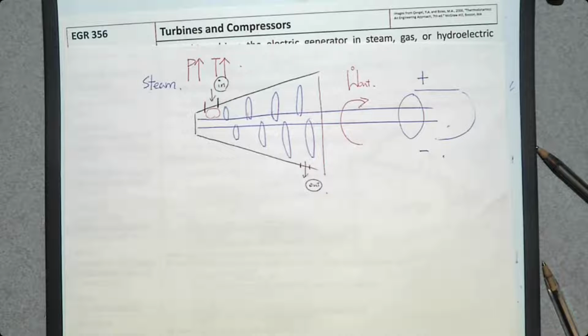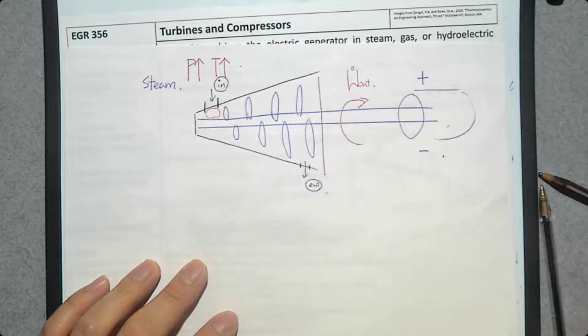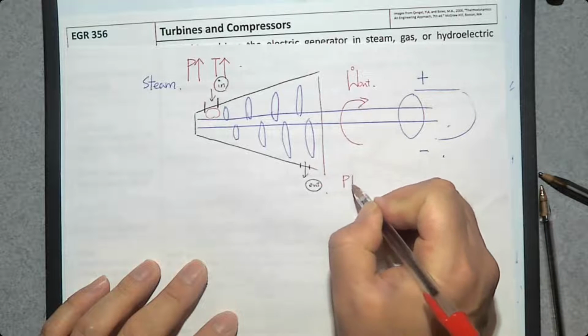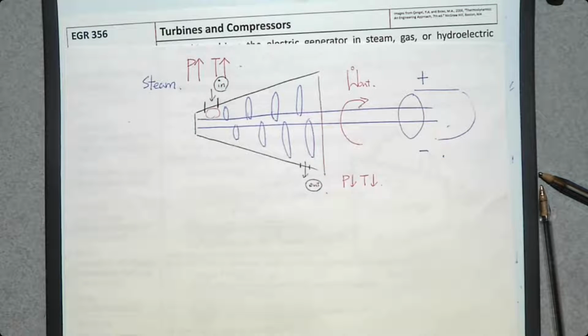Then there are these turbine blades. What happens? Why does steam expand in this way? It's going to rotate. It's going to push each turbine blade. It looks like a fan. So it's going to rotate due to the expansion. Then at the exit, we have low pressure, low temperature steam, or even condensed water exits the turbine.